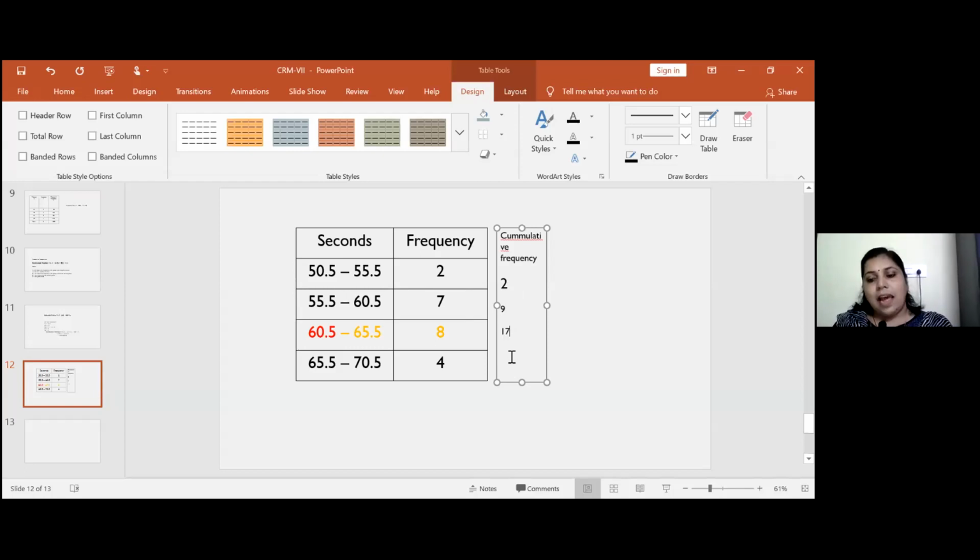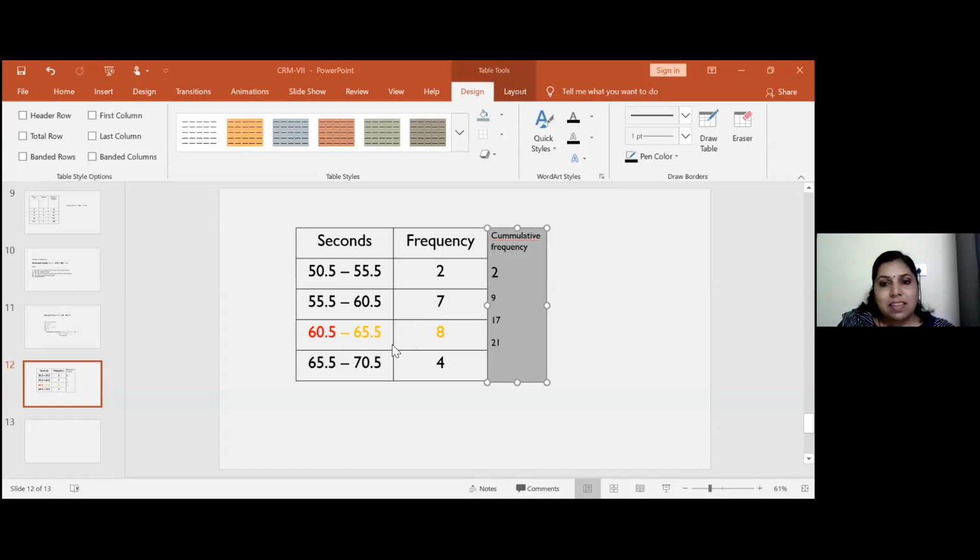Next, add the one below, plus 4, that is 21. So the cumulative frequencies are 2, 9, 17, 21.